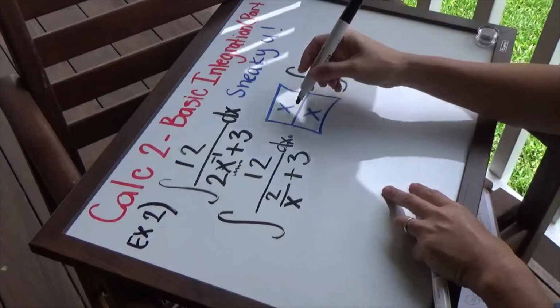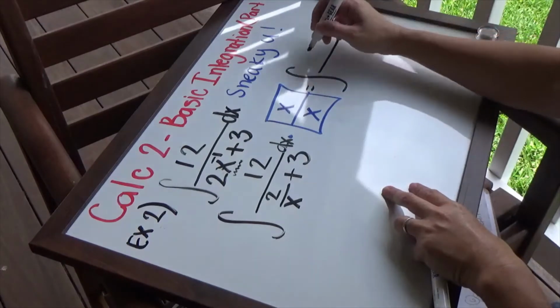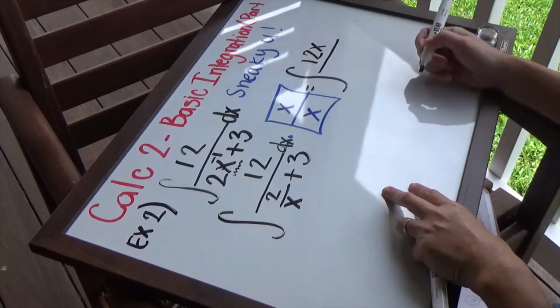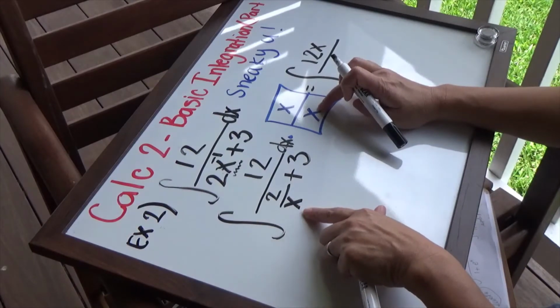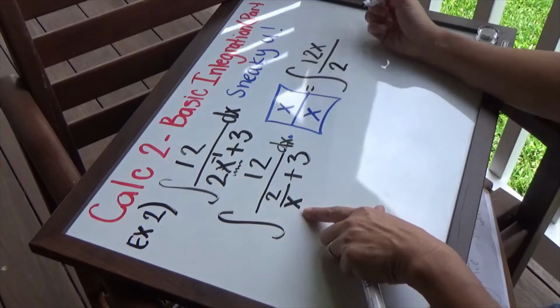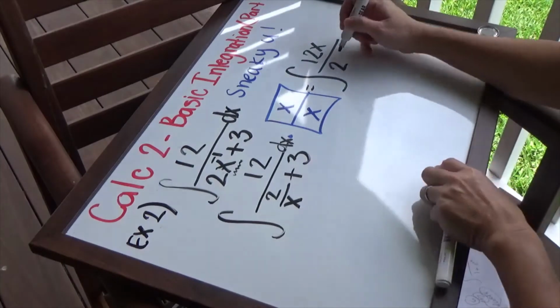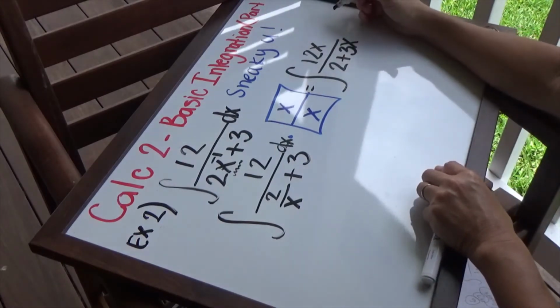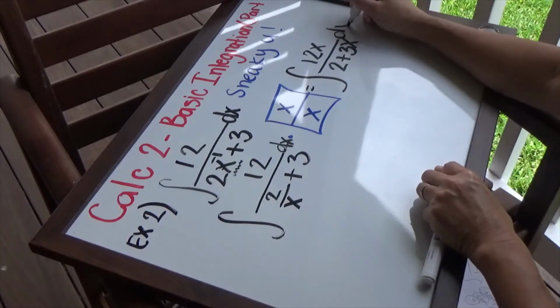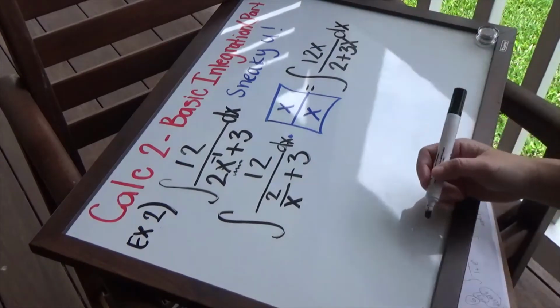This becomes what? 12 times x is 12x, and then x multiplied by 2 over x is just 2, and then 3 times x is 3x, and this becomes that. So look at that.